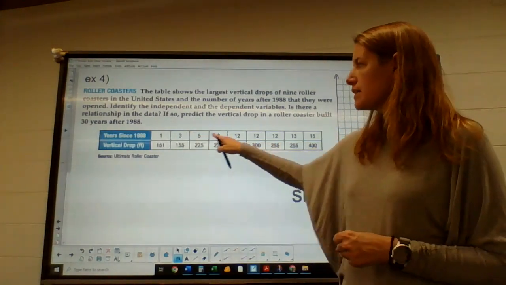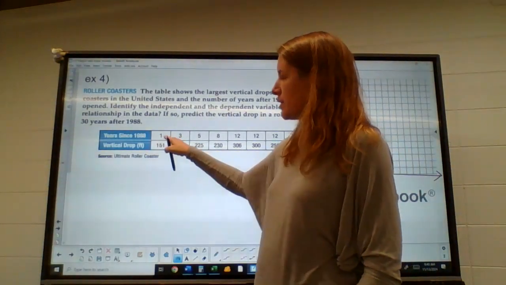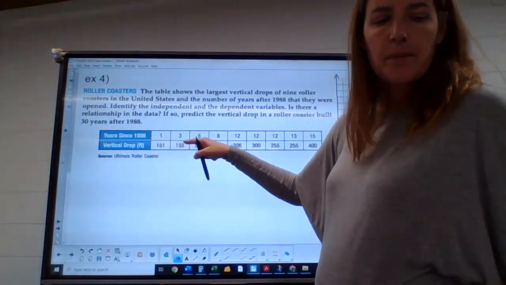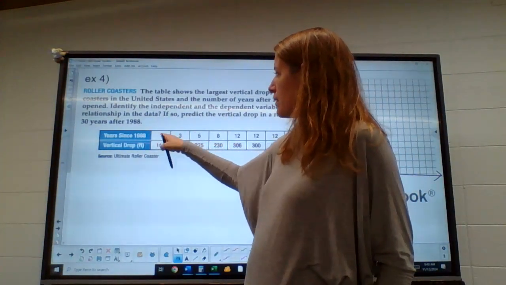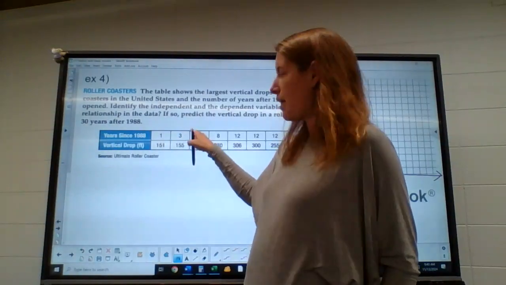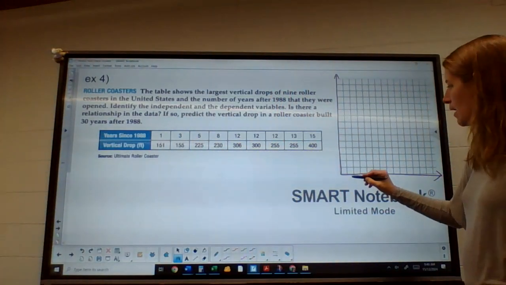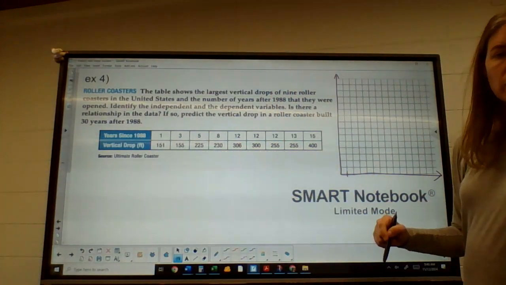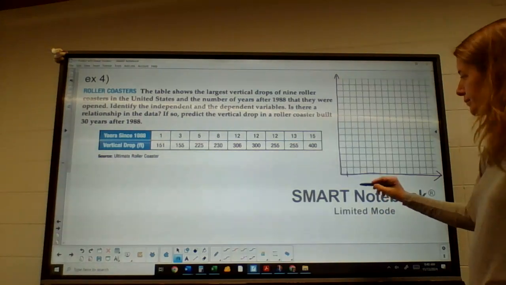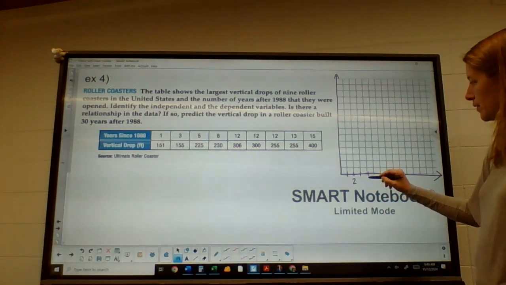So years since 1988. So this would be 1989, add 3, so you kind of keep going up. Across the bottom, I'm just going to go up by ones, but I'm going to label every other.